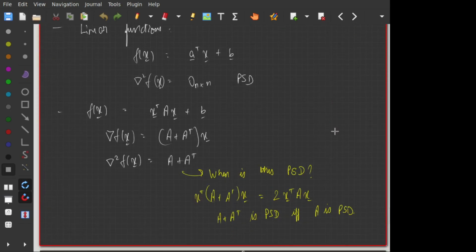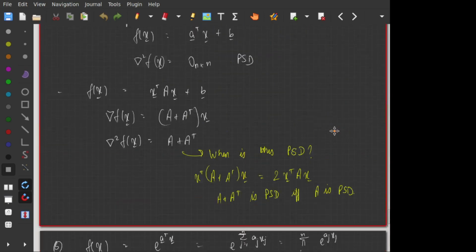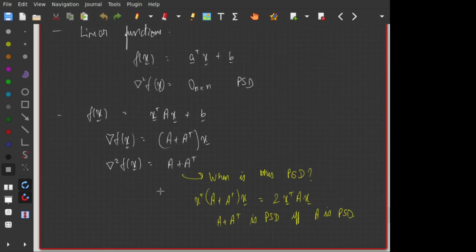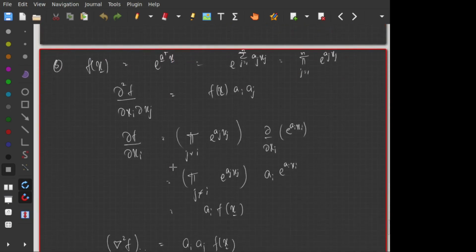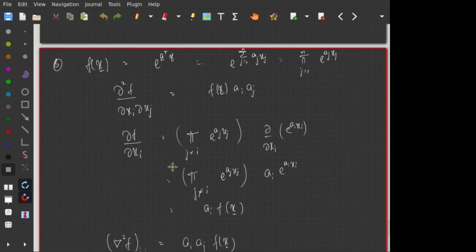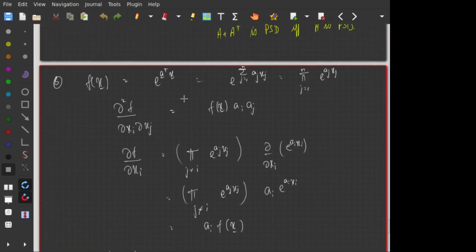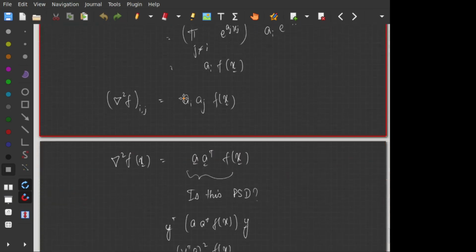In case of a linear function, the Hessian is the zero matrix, which is obviously positive semi-definite, and the quadratic function x transpose Ax plus b is convex only when A plus A transpose is positive semi-definite. And we also saw that f of x equal to e raised to a transpose x is convex.